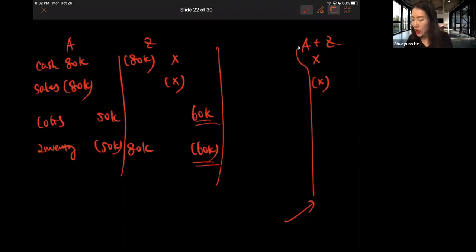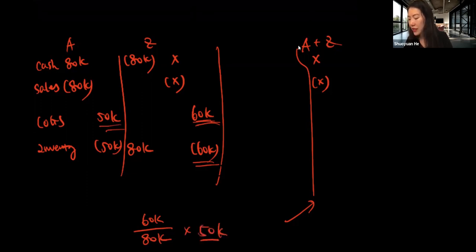So we have sold 60,000 out of 80,000 of inventory. But the original cost, the cost which should be recognized, is 50,000. So we just need to scale it to the original cost of that inventory, 50,000.